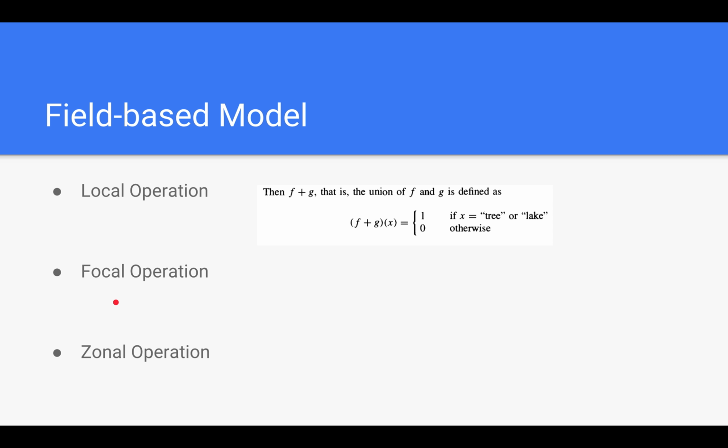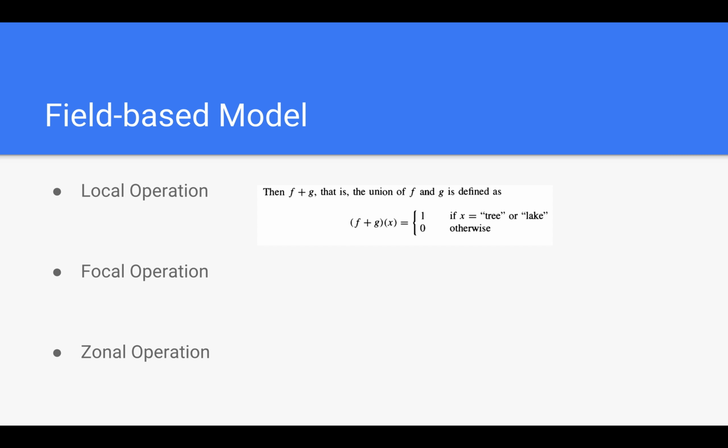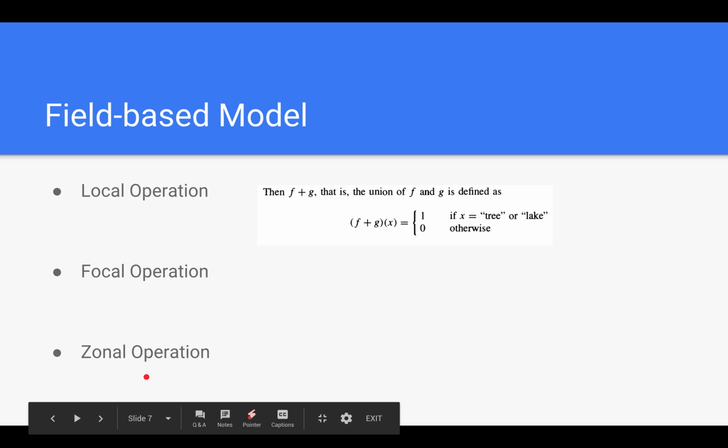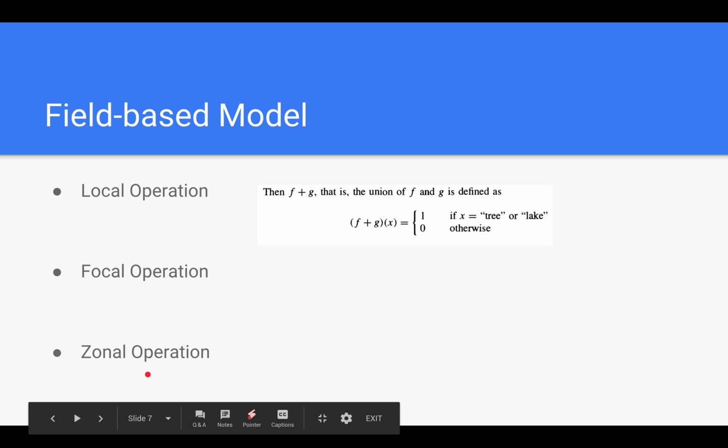The second one is focal operation, which represents a gradient of the elevation function. The third one is called zonal operation, which represents an integration function in calculus. So, for example, calculating the average height of the trees for each species is a zonal operation.